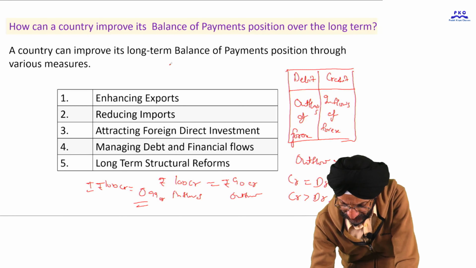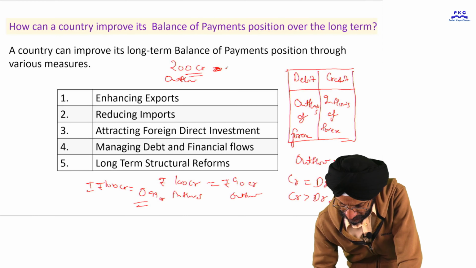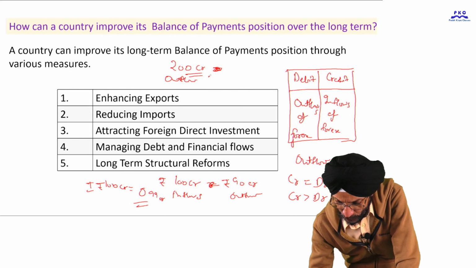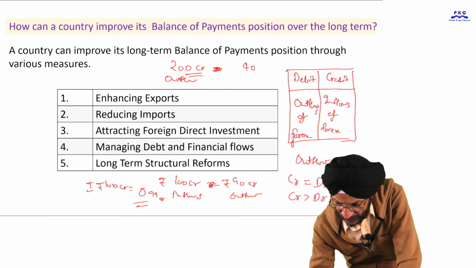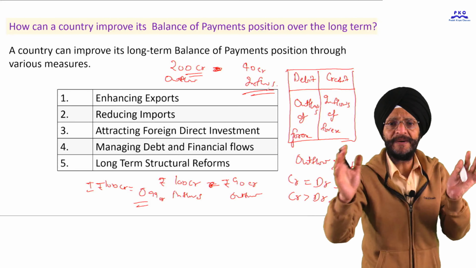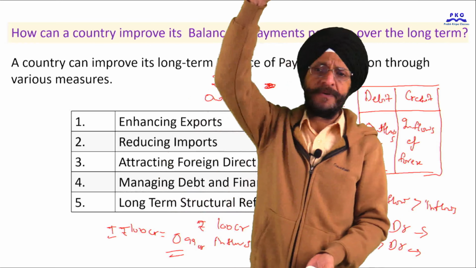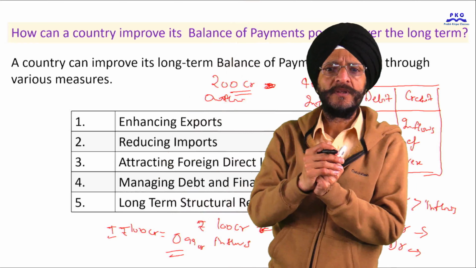That is, it should not happen that, just taking an example, our outflows are 2000 crore and our inflows are only 90 crores. That is, there should not be an abnormal difference in the debit and credit sides. It is not that there should be a huge gap in inflow and outflow.